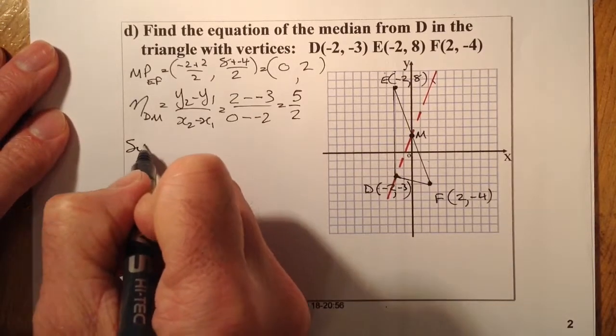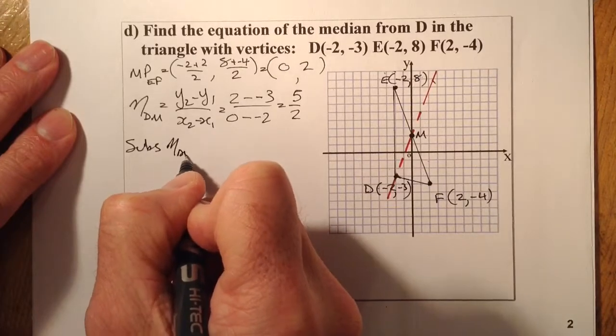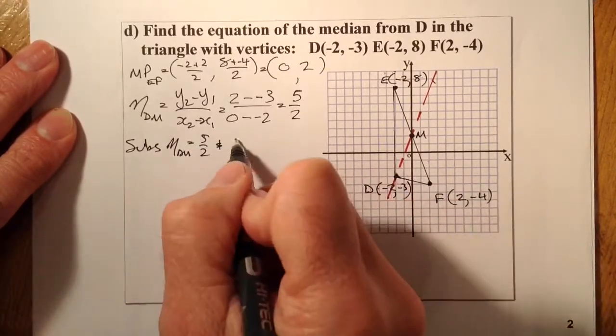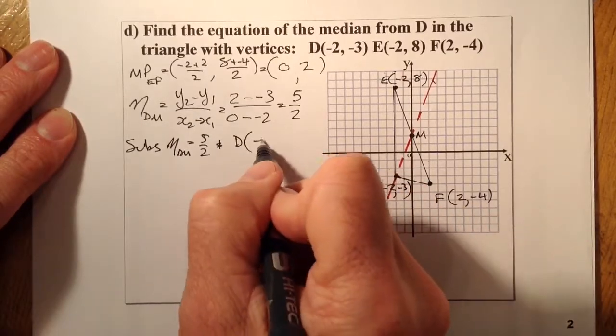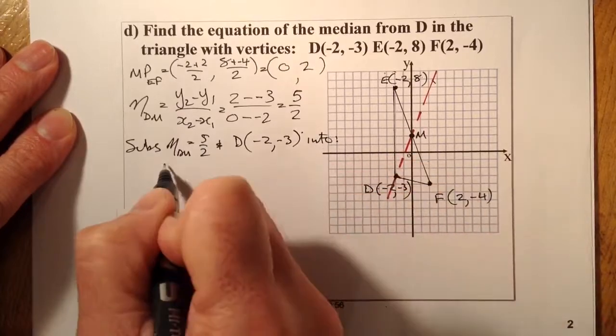So let's substitute them in. The gradient DM is 5 over 2, and the point D, (-2, -3), we'll put into the equation of a straight line.